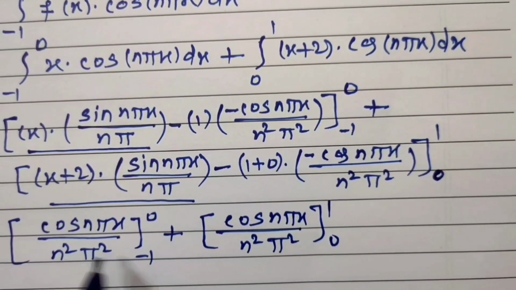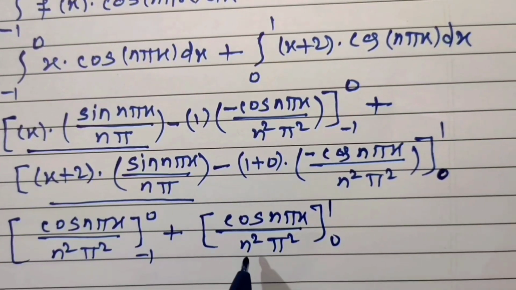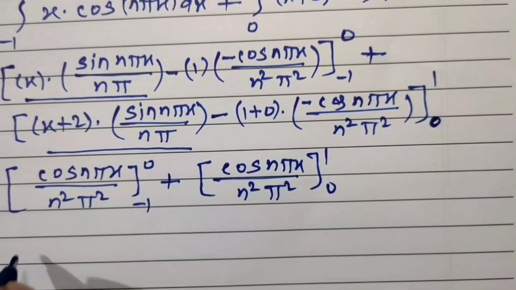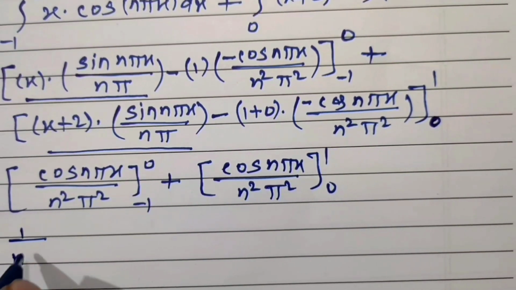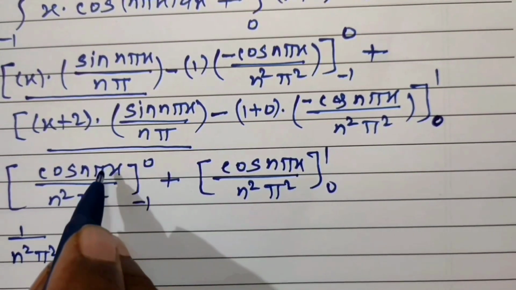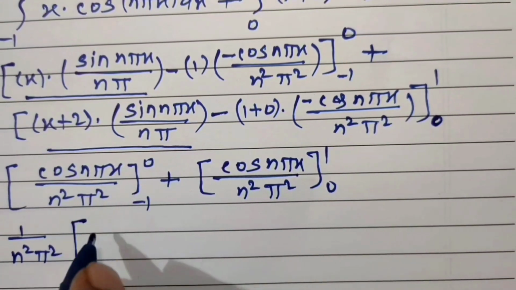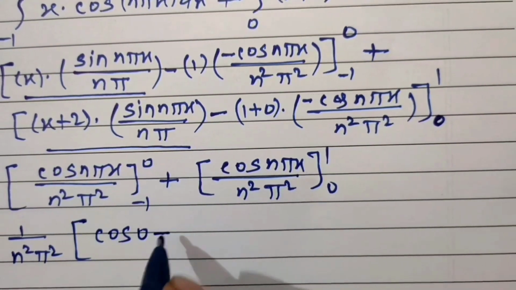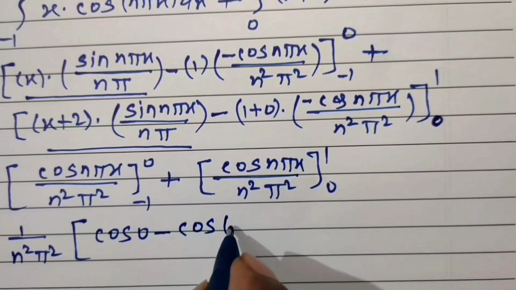In both of these two terms we can take n square pi square common, and then we can write this an is equal to 1 upon n square pi square into bracket. If we substitute the upper limit here, that becomes cos 0, minus, if we replace x by -1, that becomes cos of minus n pi.